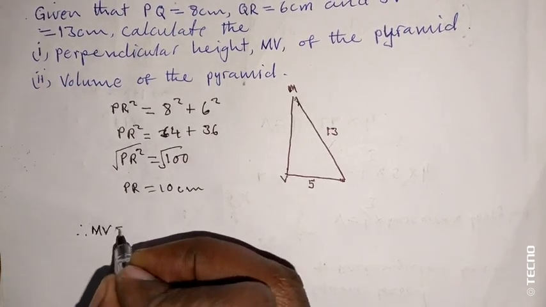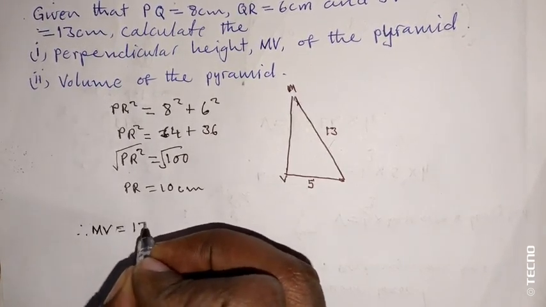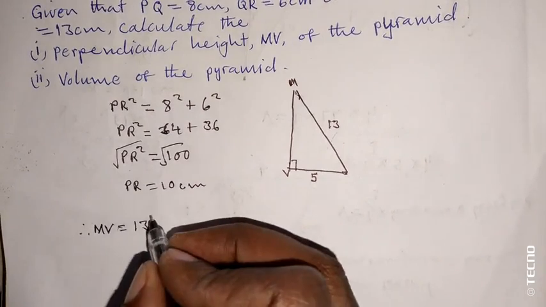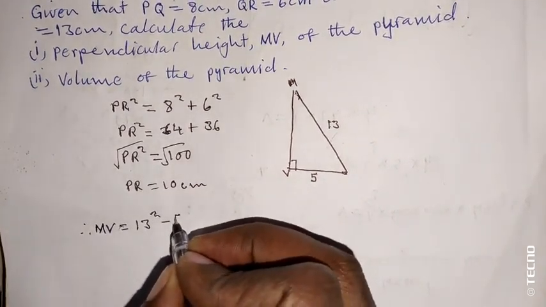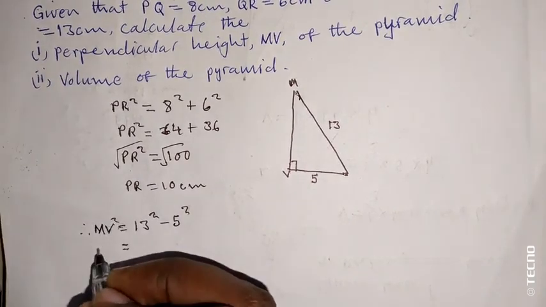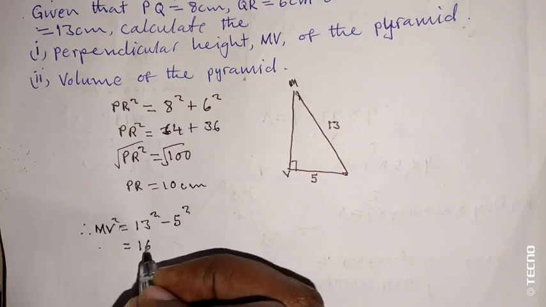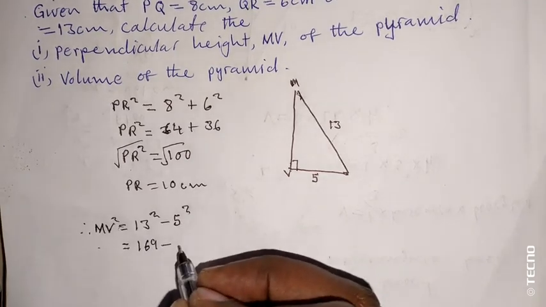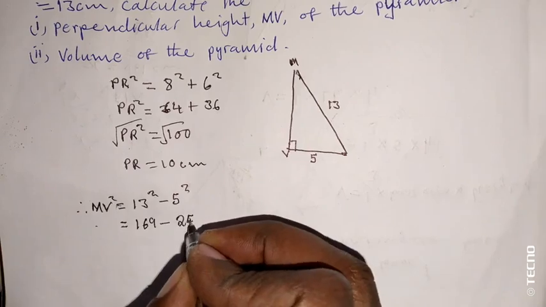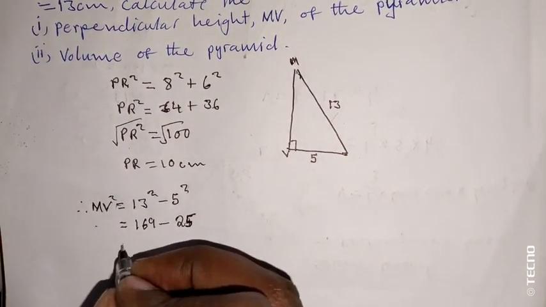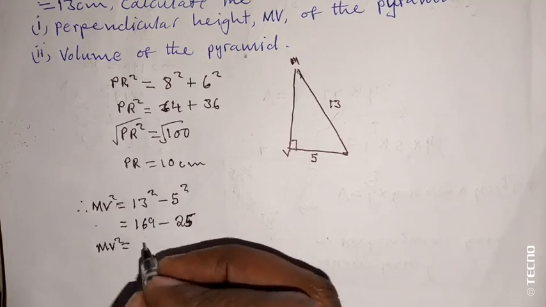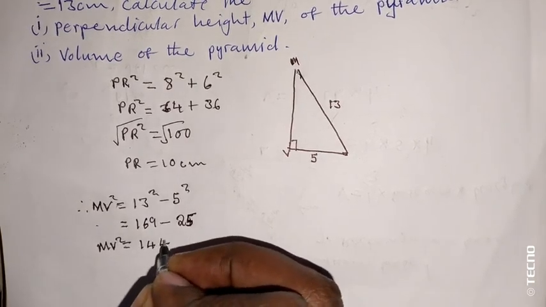So we'll say MV squared is equal to 13 squared minus 5 squared. Here 13 squared is 169 minus 25. Sorry, not 24 but 25. When you find the difference, we have MV squared is equal to 144.